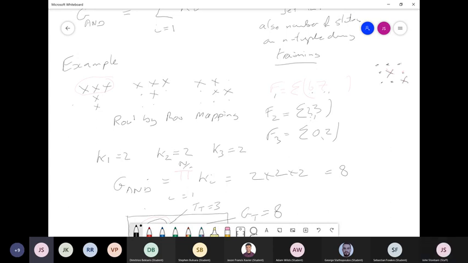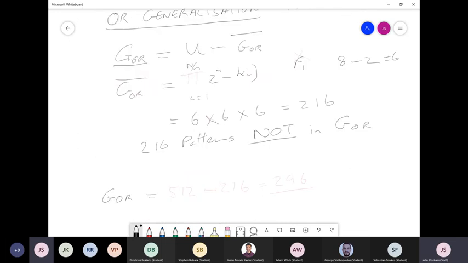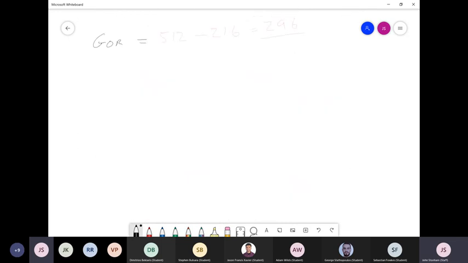So in practice, neither AND nor OR are used. We will have a threshold. This is the third case.